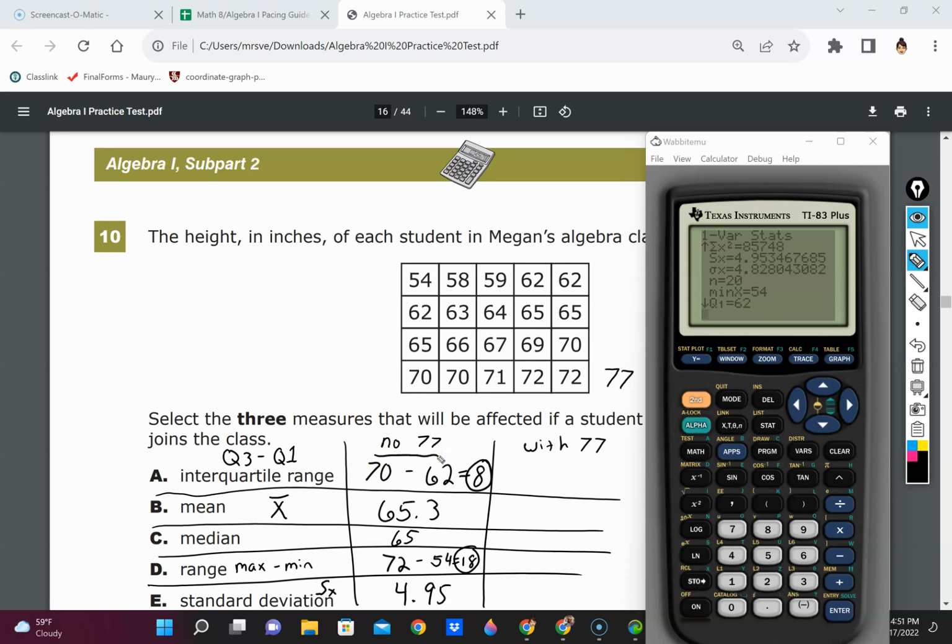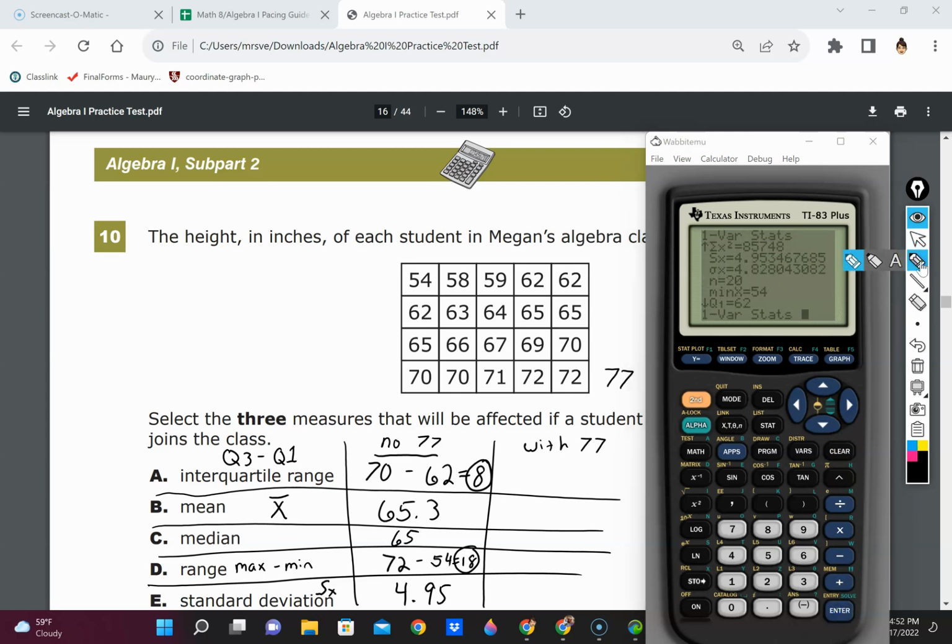So then we're going to go back and find the data. We're going to edit. So we go under stat, edit, and then we're going to add in 77. Then we go back to stat, calculate our one variable, and see how it's changed.